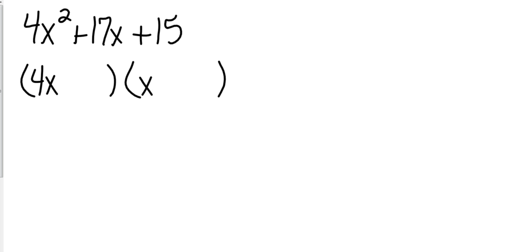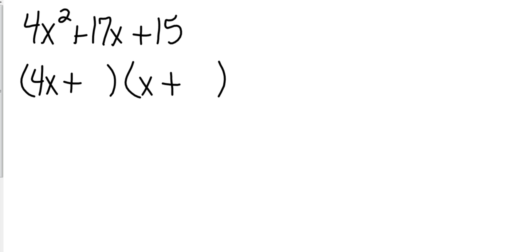I don't know if that's the right answer or not. I haven't worked through this problem. I know that since both of my signs are positive, I'm going to make them positive here because there's no other way. So now I think of numbers that multiply to get 15. I've got 5 and 3, and I've got 15 and 1.